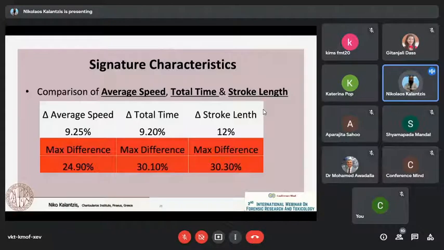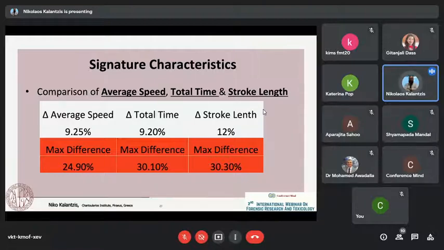So when we approached the data, we decided to start the examination by looking at the average speed of execution, the total time of execution, and the stroke length of the signature formation per writer.